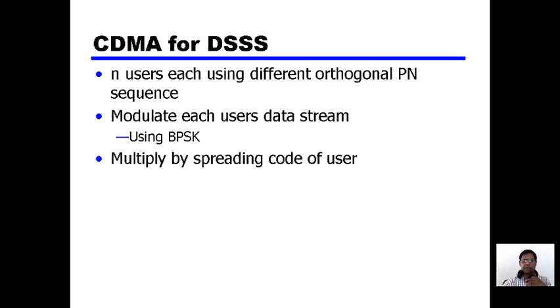CDMA for DSSS: how is it used? N users, each using a different orthogonal, separate pseudo noise sequence, and each user's data stream is modulated using binary phase shift keying and multiplied by the spreading code of the user.